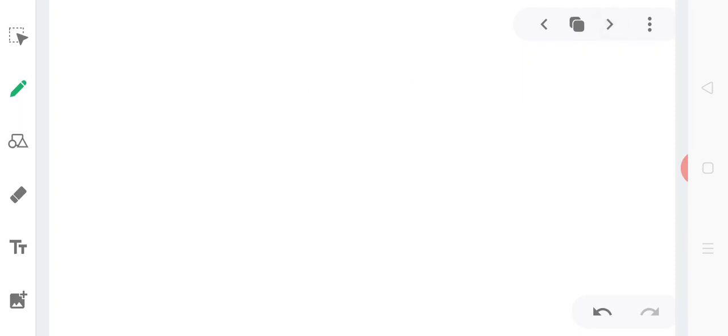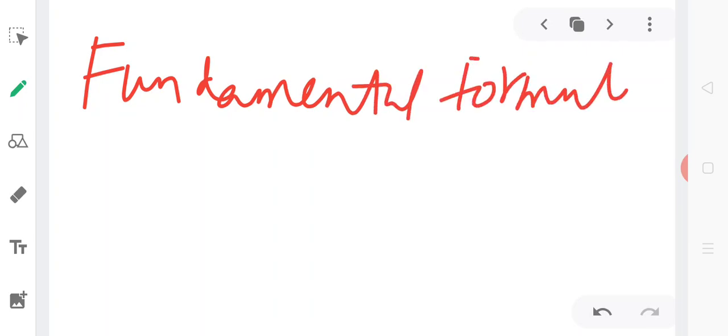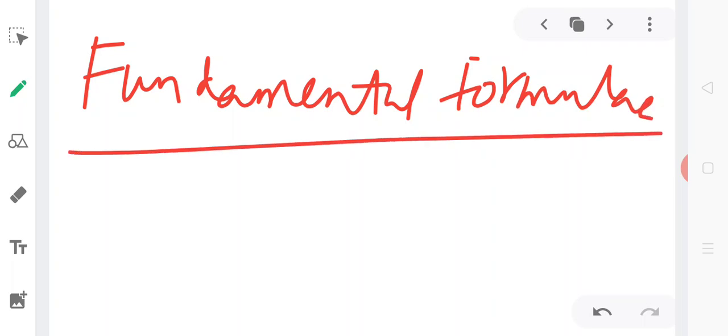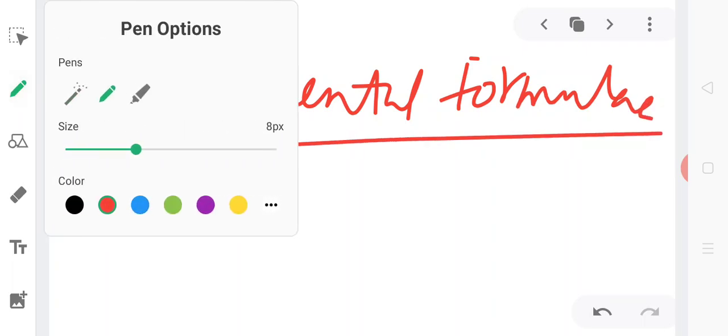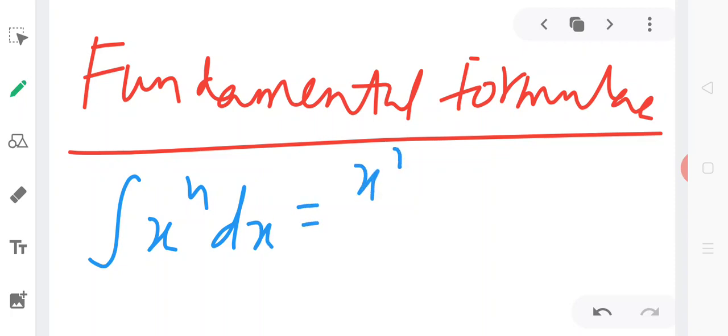Before we discuss the examples based on integration, we have to know some fundamental formulae. Using these, we are going to actually understand how integration is carried out. Now here I would like to mention that amongst all the important expressions, this is going to be used more often. So you need to remember this by heart.